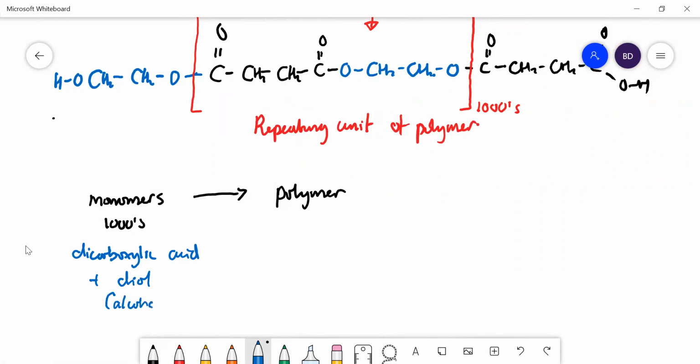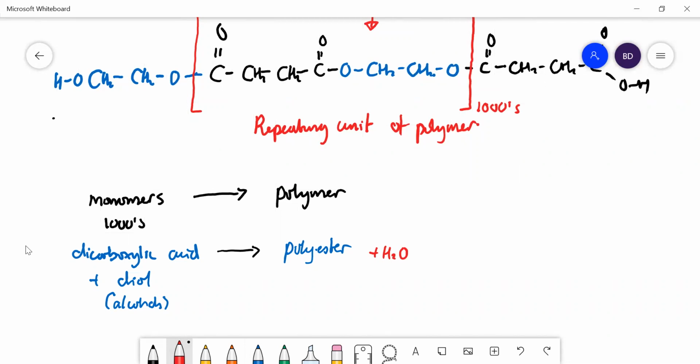They are going to join together to form the polyester. And every time you form one of those ester linkages, you're going to get some water formed as well. So these small molecules come together to form much larger molecules.